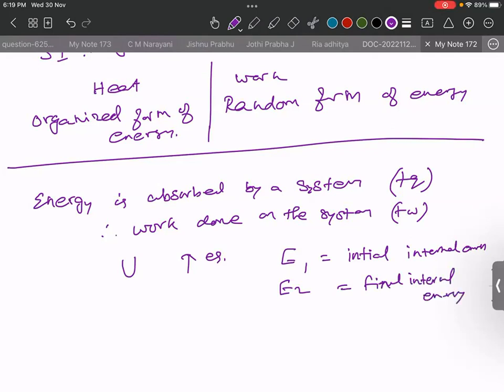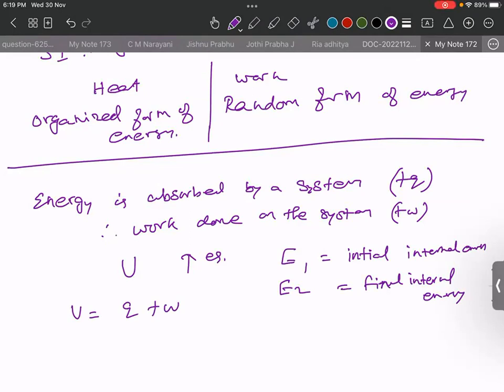So what is the difference? You know that internal energy change is equal to Q plus W, right? Then only it will automatically increase. Suppose if Q is reduced or W is reduced, it means the internal energy is also reduced. That will be work done by the system.